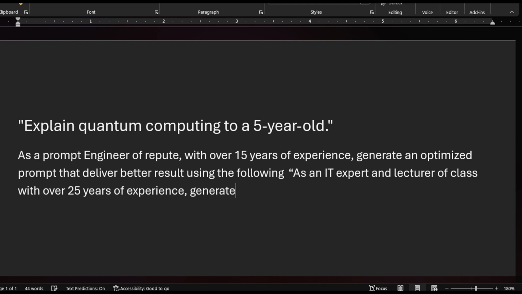generate and deliver a lecture. Or should I do it?